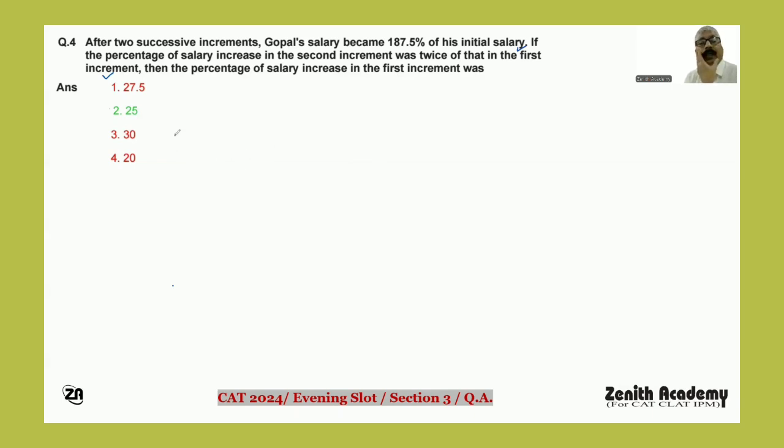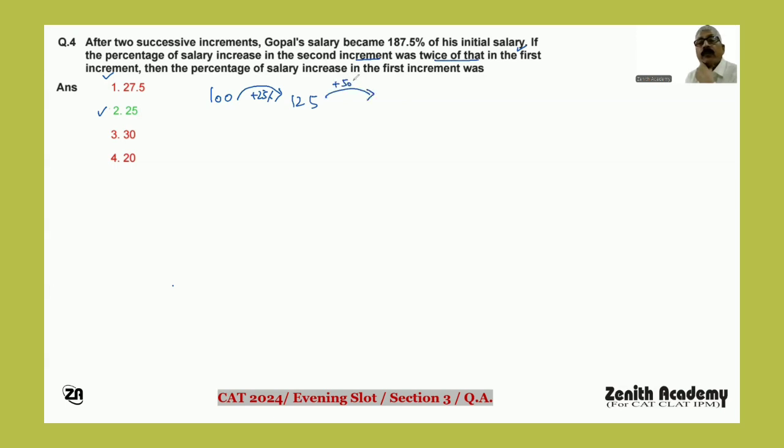Like here, first option is 27.5. This is 25. It is 30. It is 20. So better you check with options 25, 30, and 20. Suppose the cost is 100. If I take the first option 25, then it increases 25%, means 125. And now second increment was twice of that, means 25 की जगह 50% increase होगा.